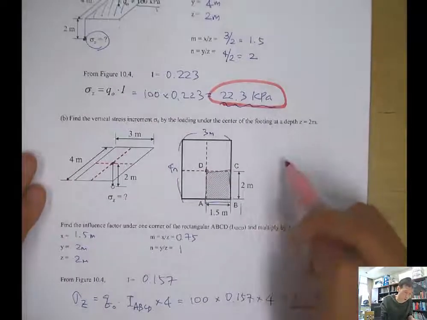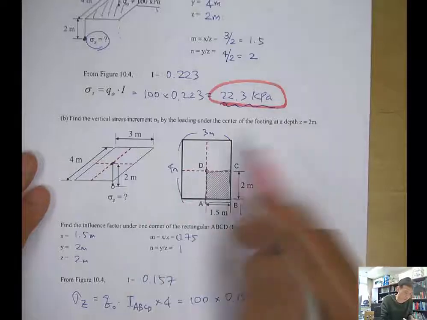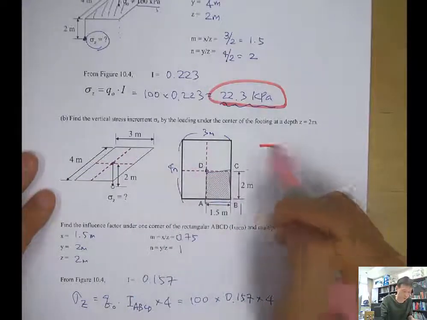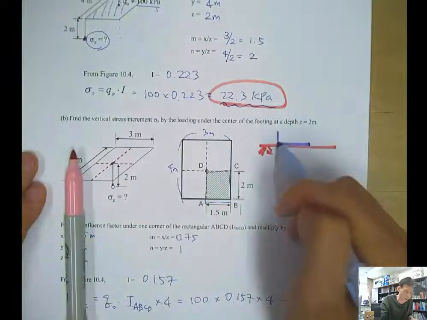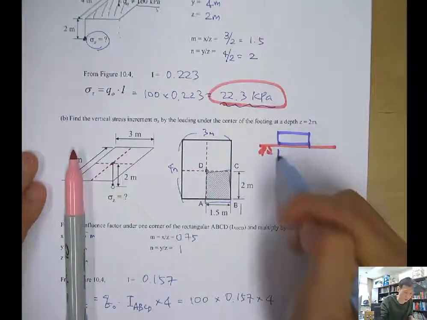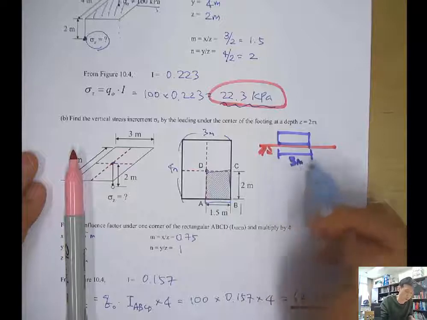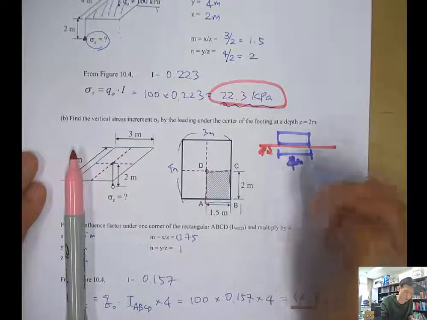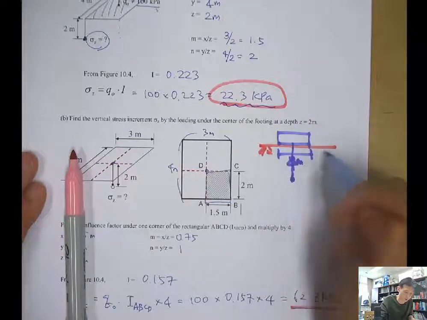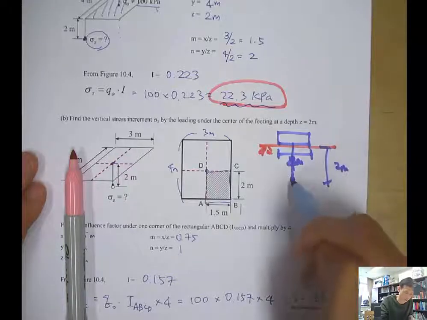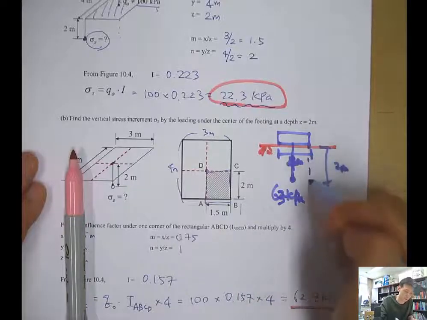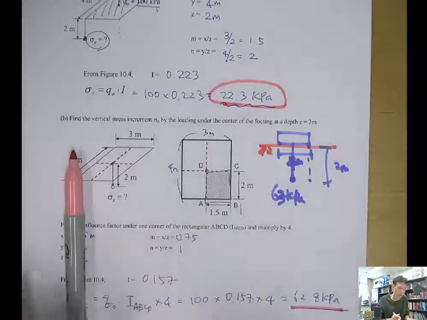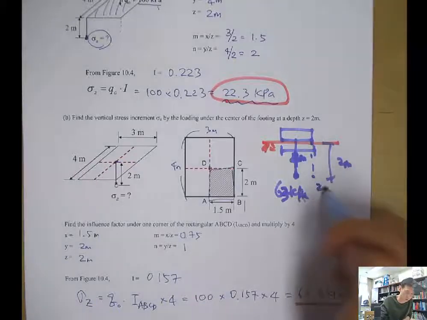Right? So when you look at the section view, the surface and the loading area is here, this is 3 meter, or the 4 meter is okay still, 4 meter. At the center, at a depth of 2 meter, here is 62 or 63 kilopascal if you round up. At the corner, at the same depth, it's 22 kilopascal.